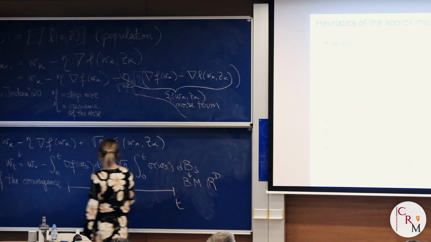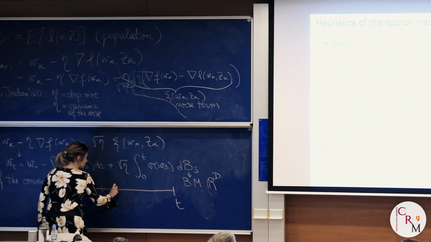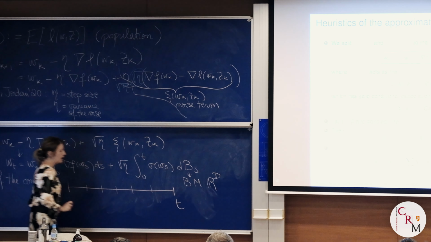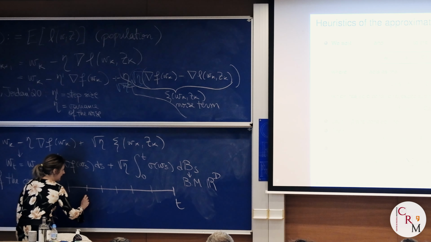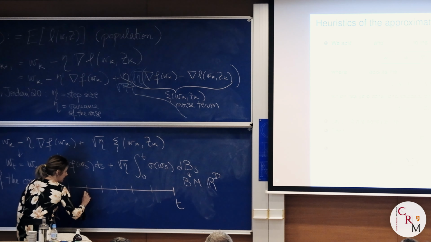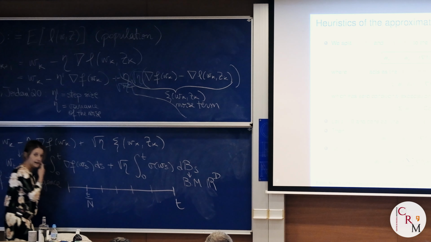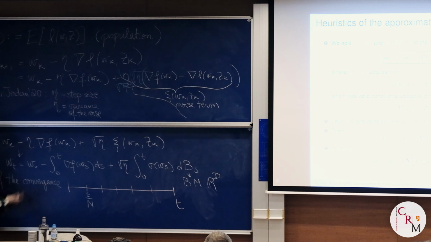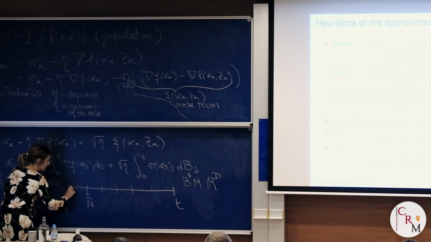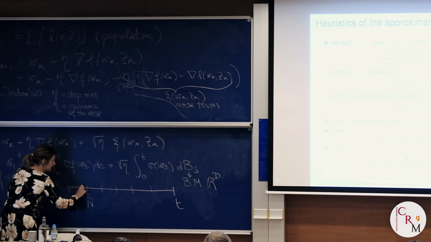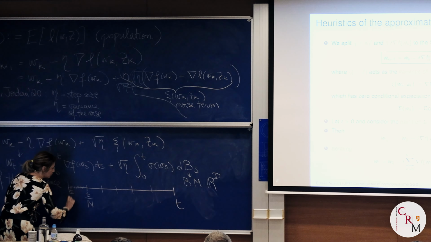Okay, so the idea is to first consider a step size of order of length t divided by n, okay? And then again, divide every interval of t divided by n by t divided by n squared.